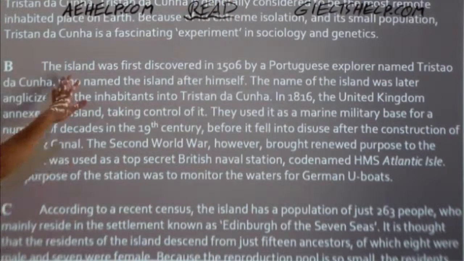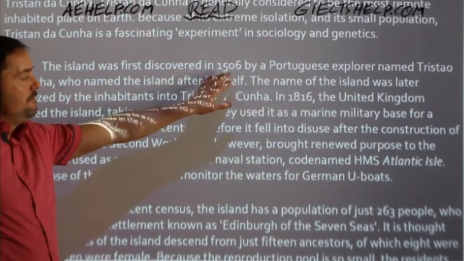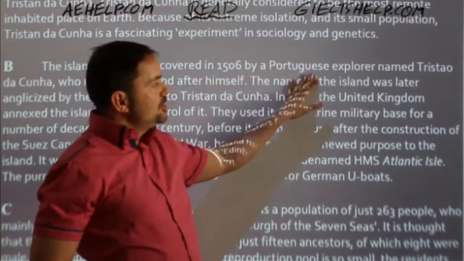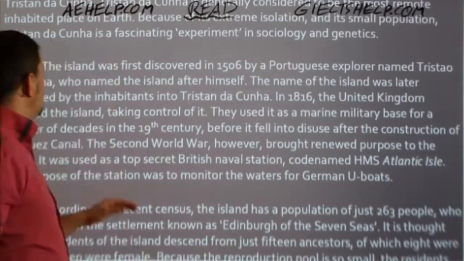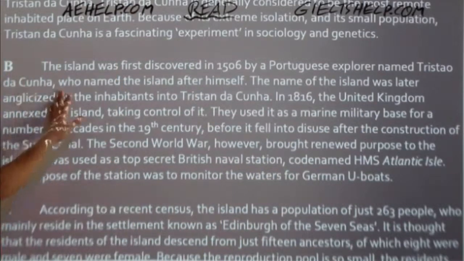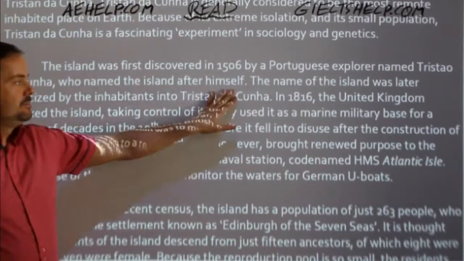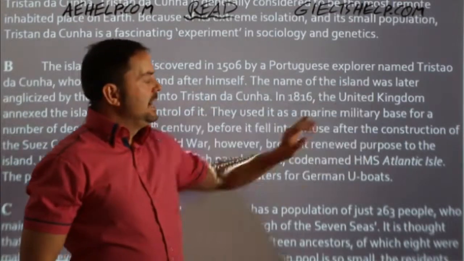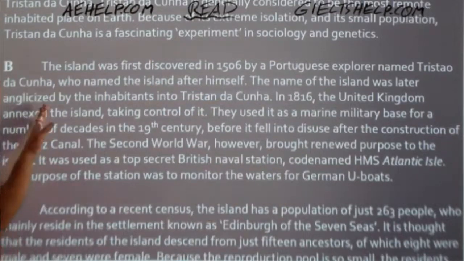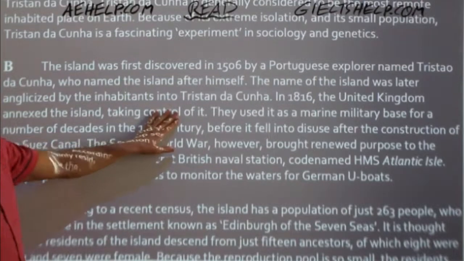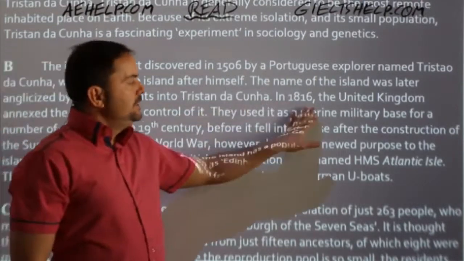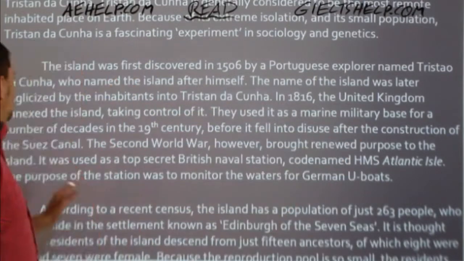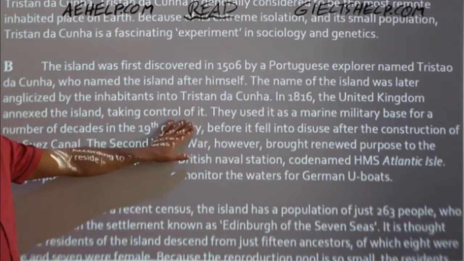The island was first discovered in 1506 by a Portuguese explorer named Tristão da Cunha, who named the island after himself. The name of the island was later anglicized by the inhabitants into Tristan da Cunha. In 1816, the United Kingdom annexed the island, taking control of it.